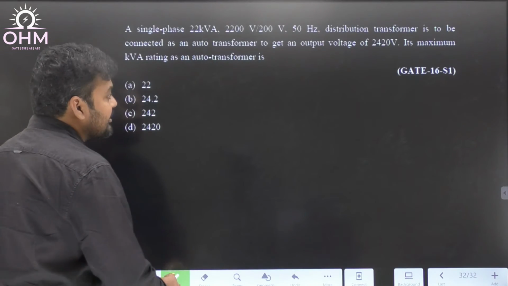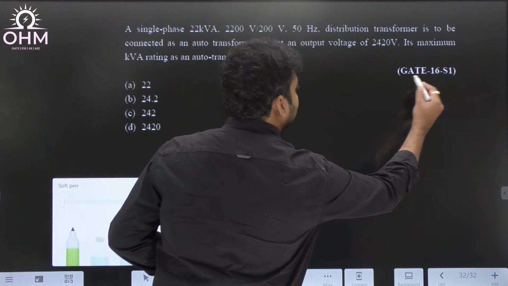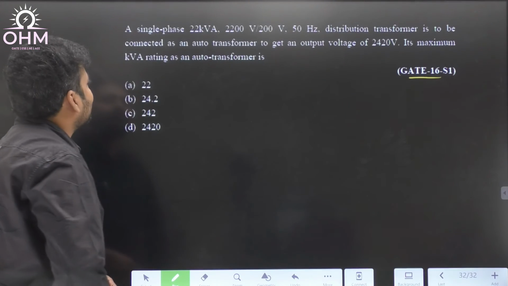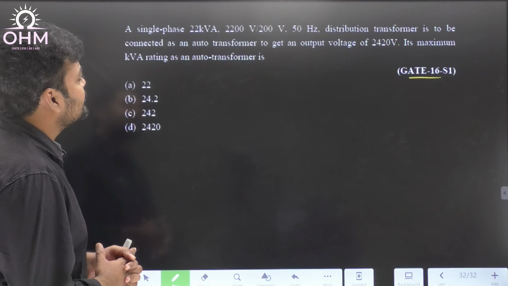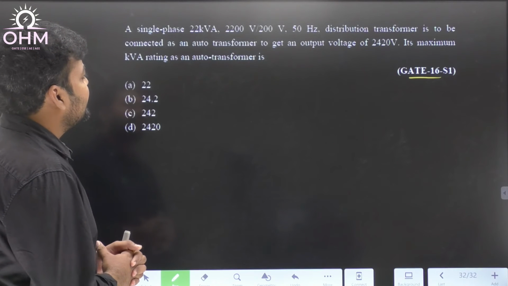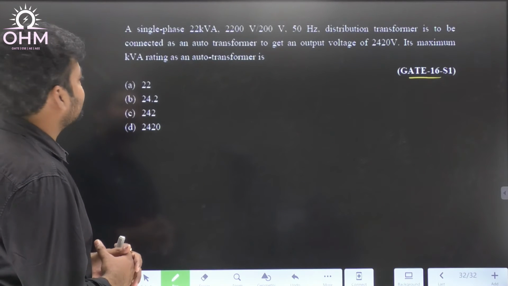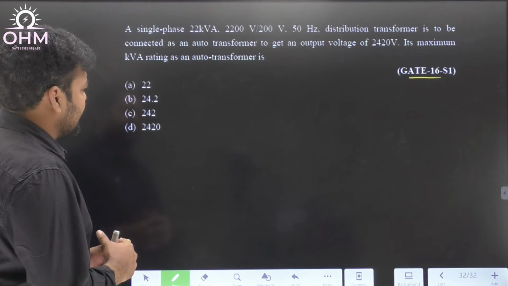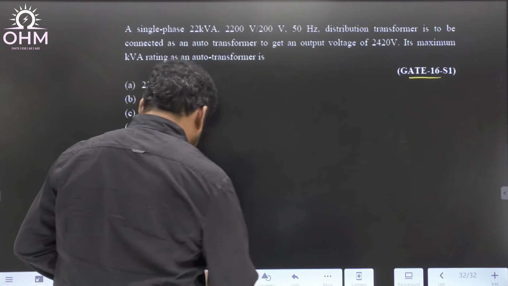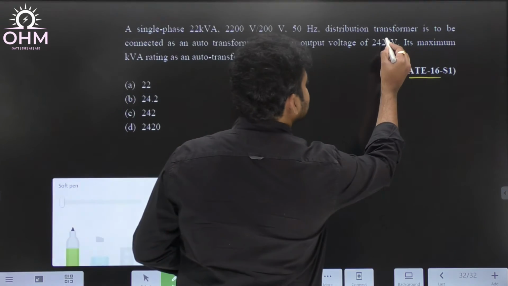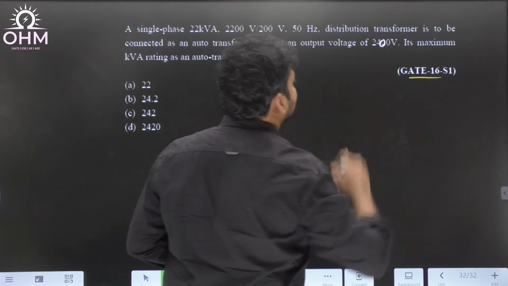This is a question from the GATE 2016 paper. Read the problem. A single phase 22 kVA, 2200 by 200 volt, 50 Hz distribution transformer is to be connected as an autotransformer to get an output voltage of, please make a small correction, this should be 2400 volt.